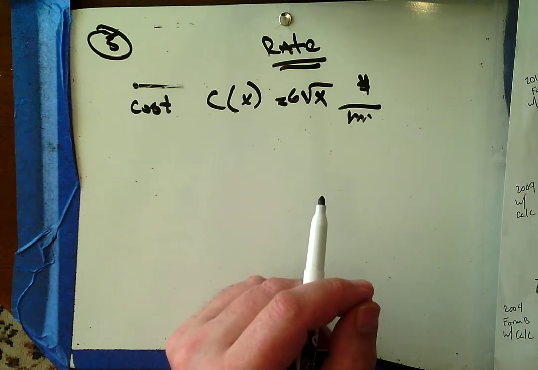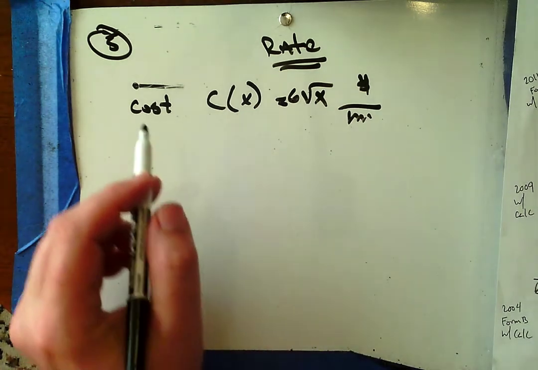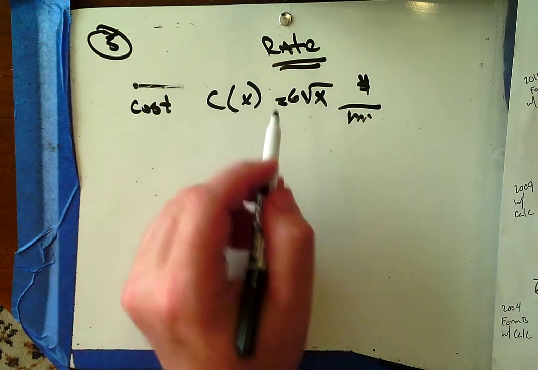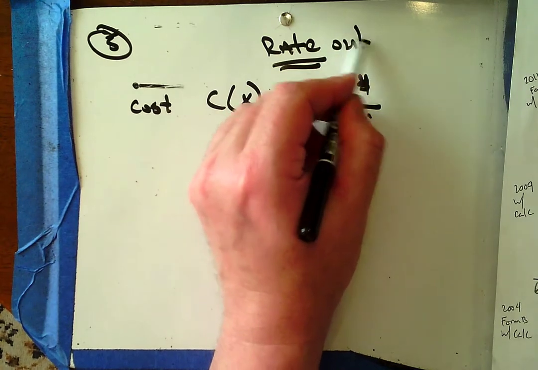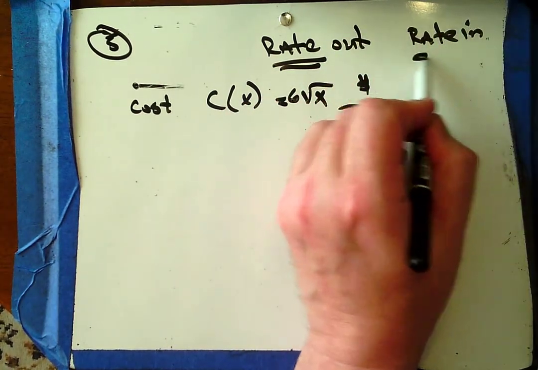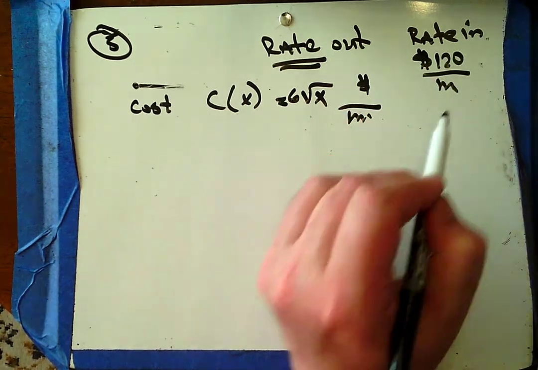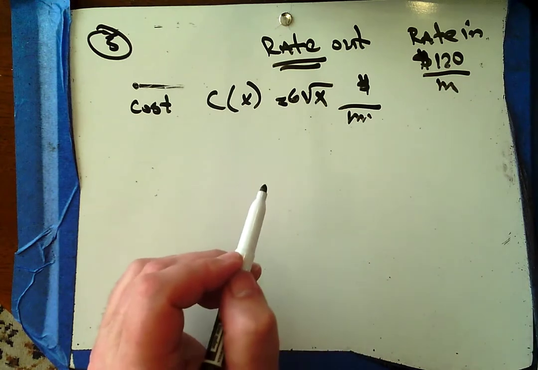Profit is defined as the difference in the amount of money received by selling the cable and cost of the cable. And I guess this is the rate out, and the rate in is that $120 per meter that we get when we sell the cable.